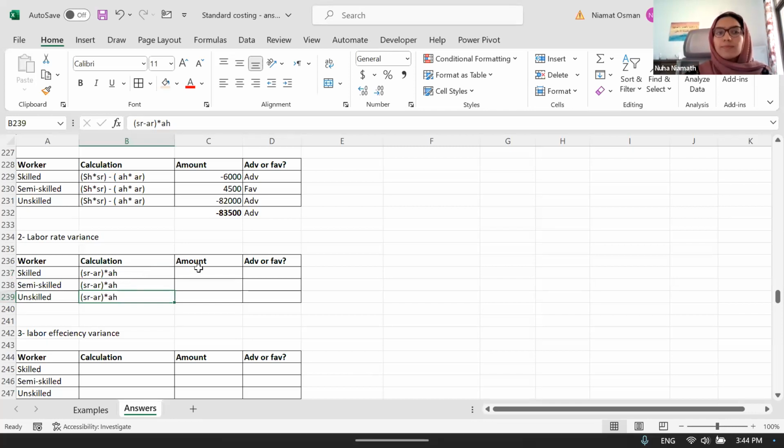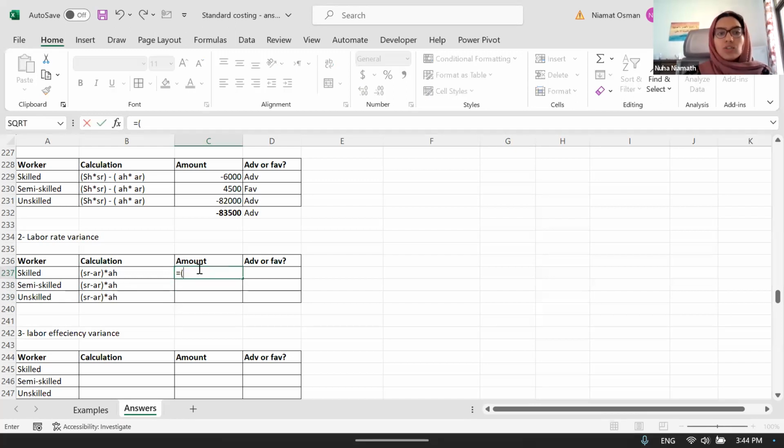Remember what I said? Labor rate variance is the difference in the two rates, standard rate and actual rate, at standard hours or actual hours? Rate is always paid for the actual hours paid. So SR minus AR into AH paid. Please keep thinking and put it in the chat box. It will help you practice for your exam.